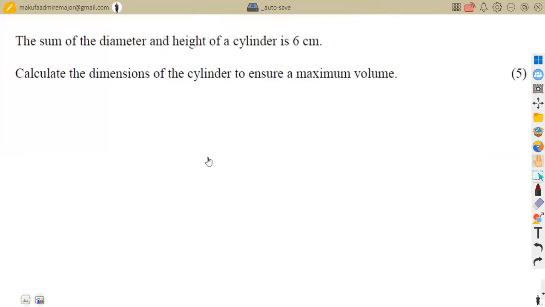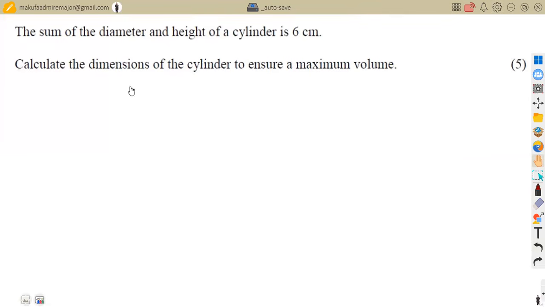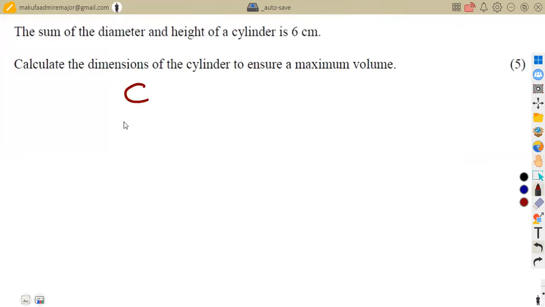So we have another part again here. We're given that the sum of the diameter and the height of a cylinder is 6 centimeters. So we've got a cylinder in this case. On our cylinder, I've got something like this. They are considering the whole diameter in this case, and the whole height.